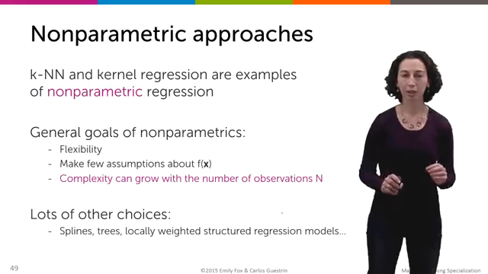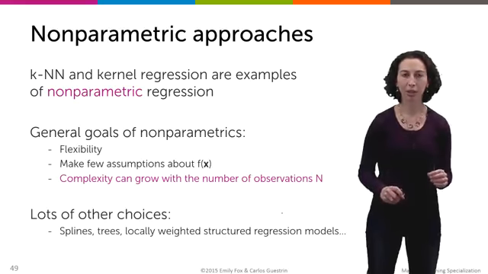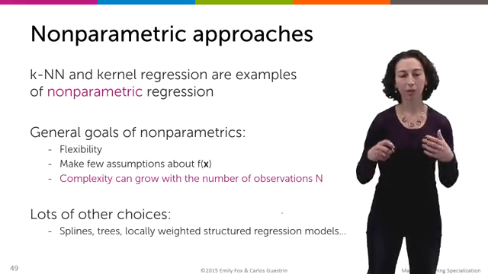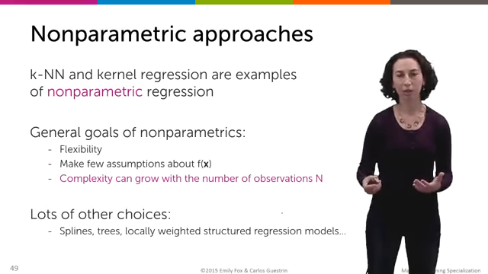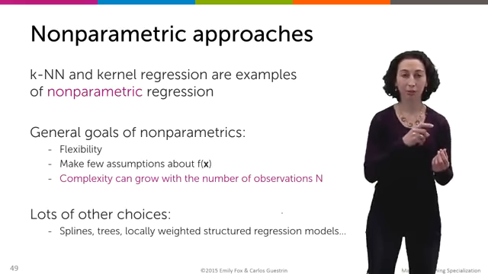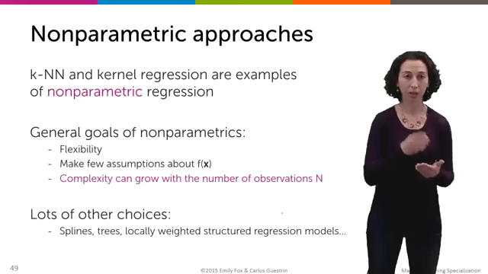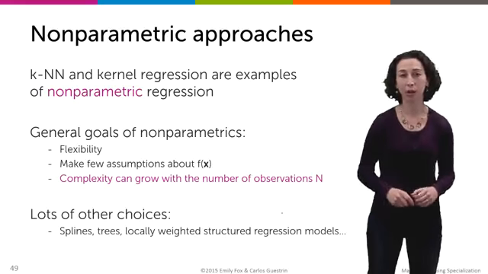In particular, you want to make as few assumptions as possible. And the really key thing that defines a non-parametric method is that the complexity of the fit can grow as you get more data points. And we've definitely seen that with k-nearest neighbors and kernel regression. In particular, the fit is a function of how many observations you have.